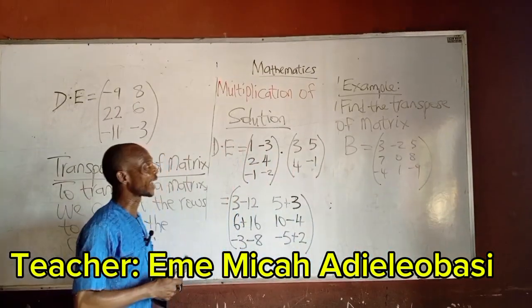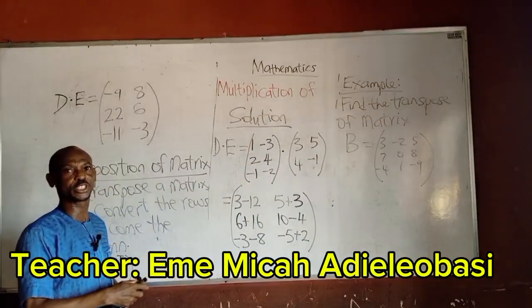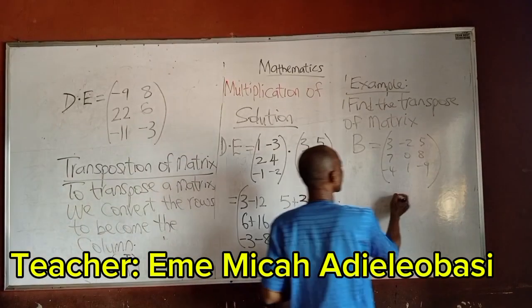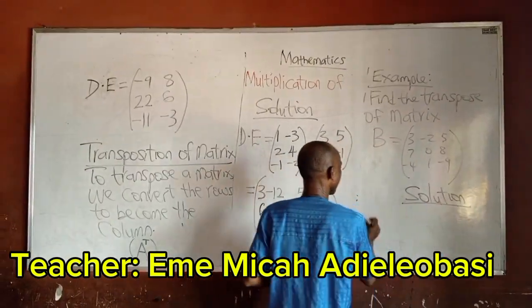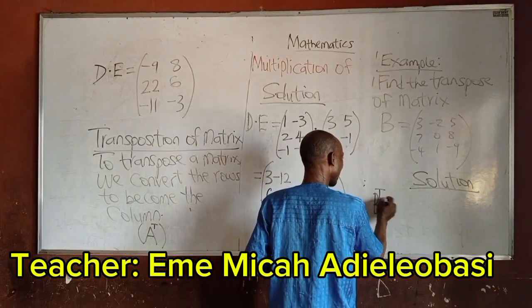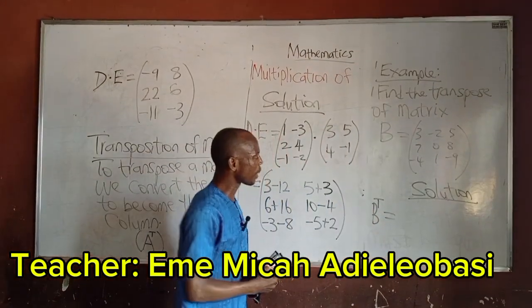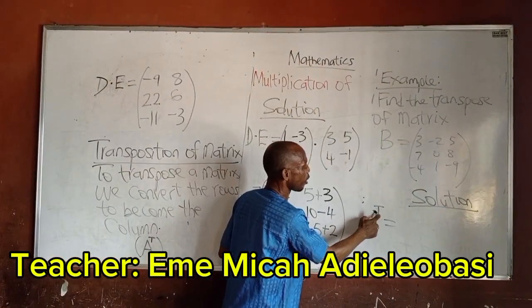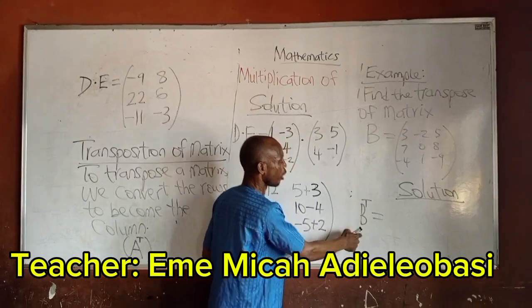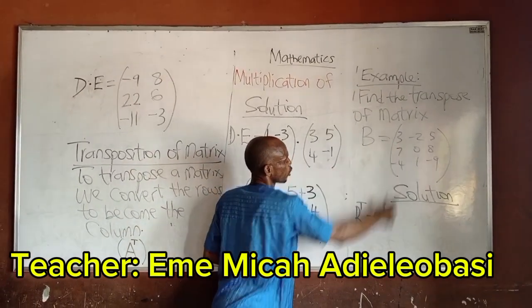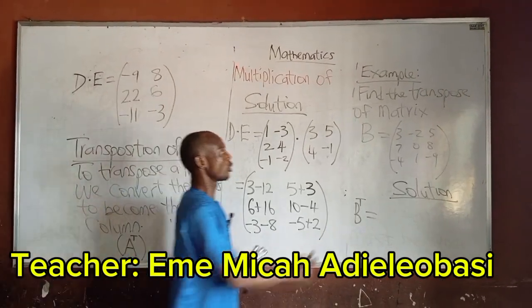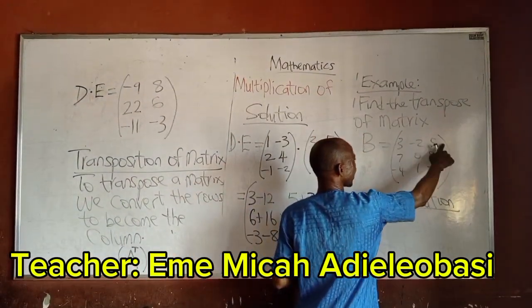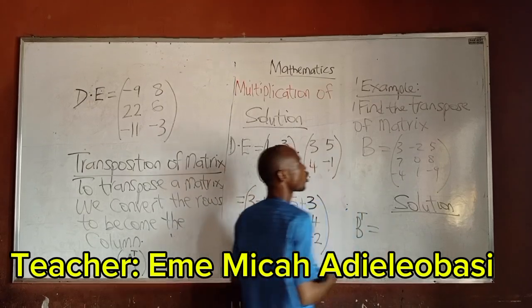So they want us to find the transpose of that matrix. The solution becomes what? Solution. B transpose, that is B to the power of T, is the symbol to show the transpose of B. So what are we doing in transpose of a matrix? Is to turn the rows to become your columns.